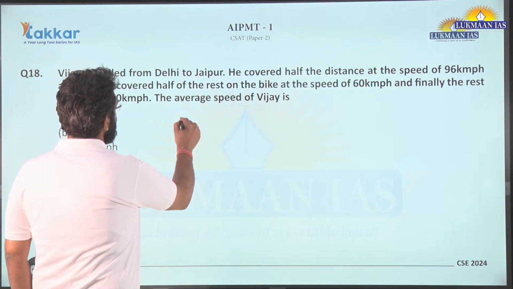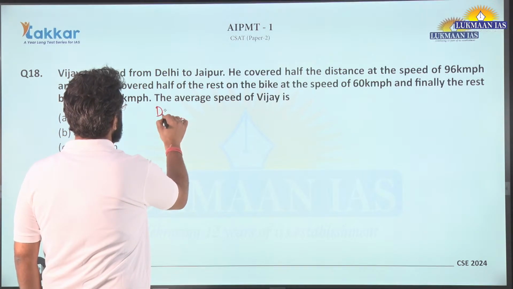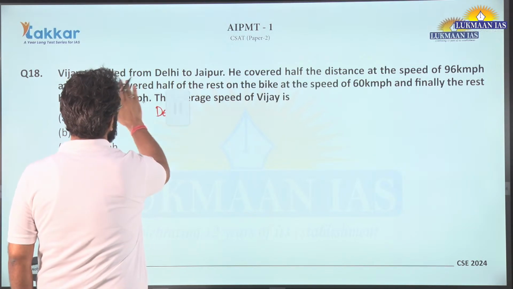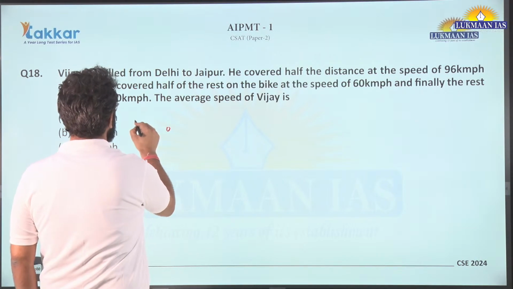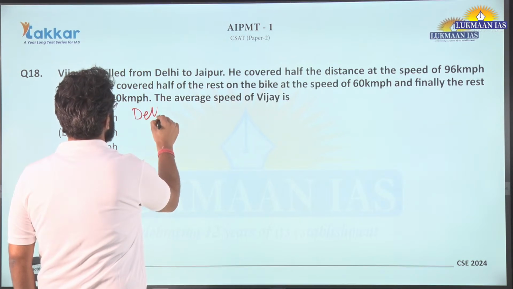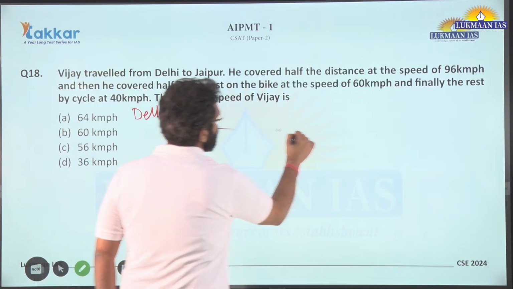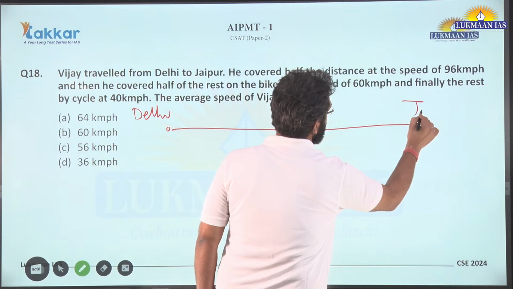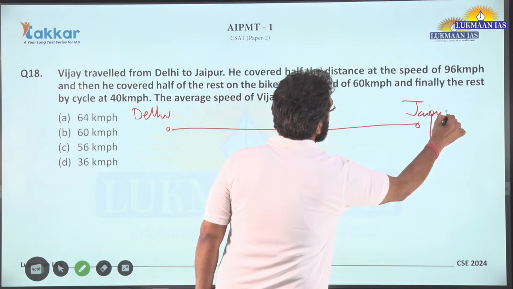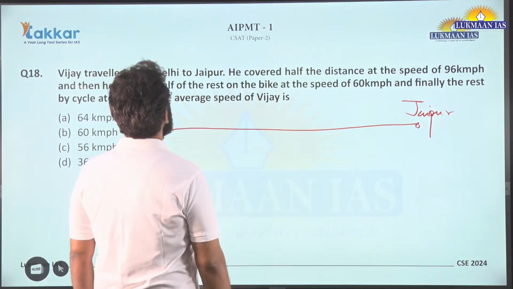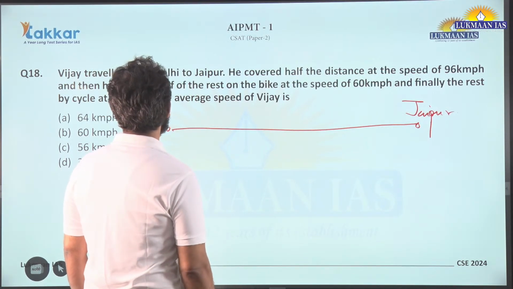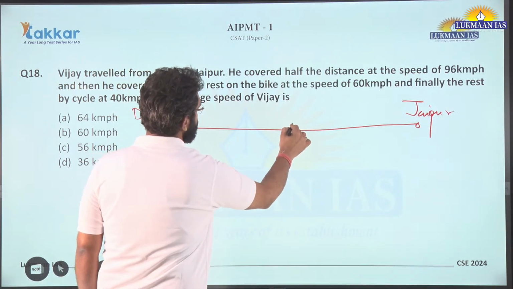Vijay traveled from Delhi to Jaipur at a speed of 96 for half of the distance.